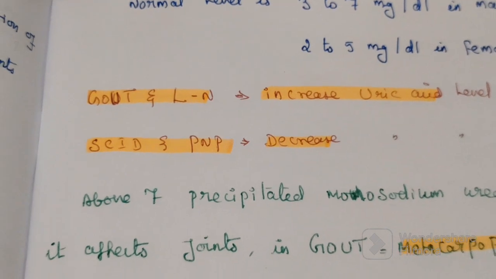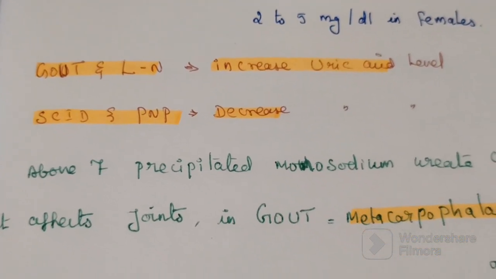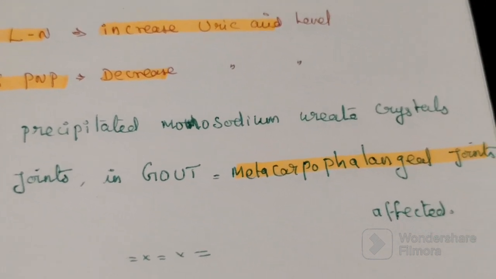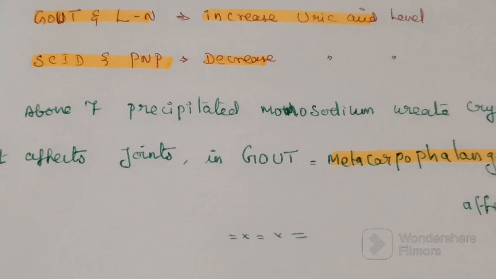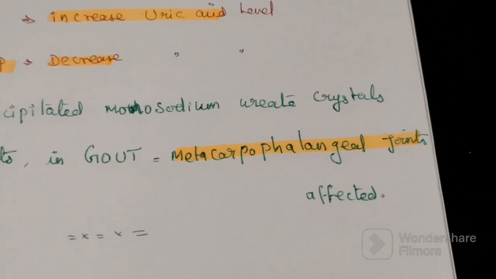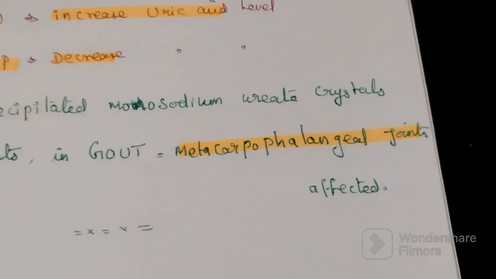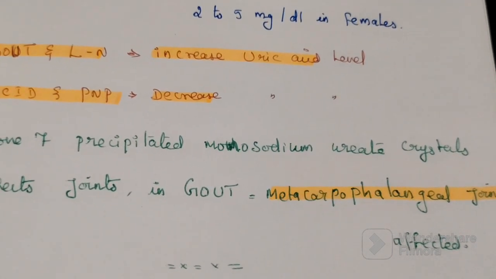If the level is above 7, monosodium urate crystals precipitate and affect joints in gout, such as the metacarpophalangeal joints. So this is all about purine nucleotide catabolism.